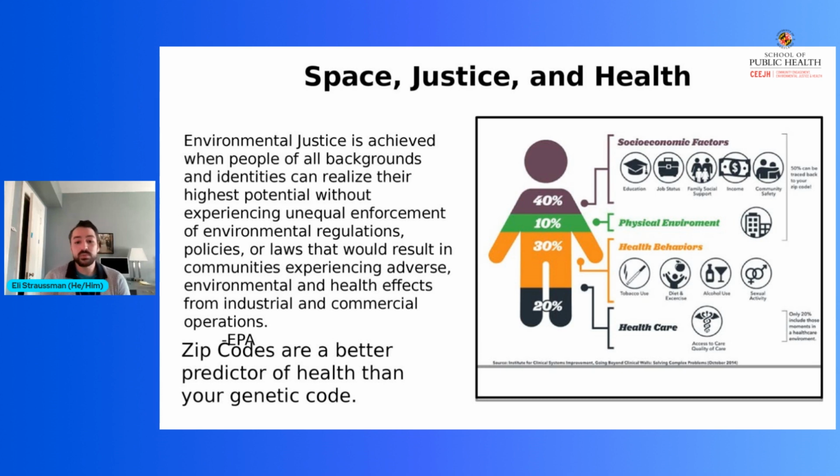So when we're thinking about how to organize an EJ screen, it's a tool that can take in a wide variety of data and synthesize it into a single score that is informative, useful, and comprehensive. And it's no small feat.